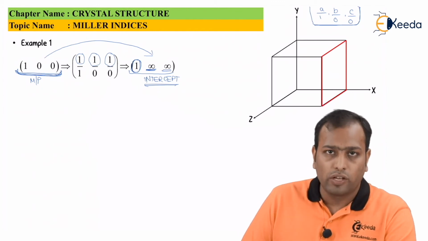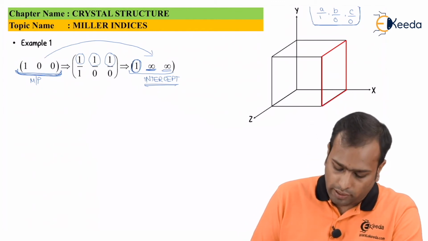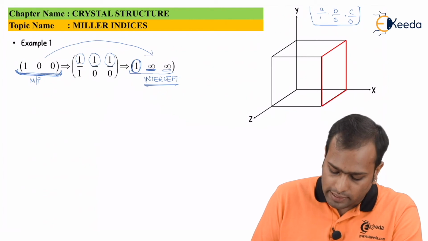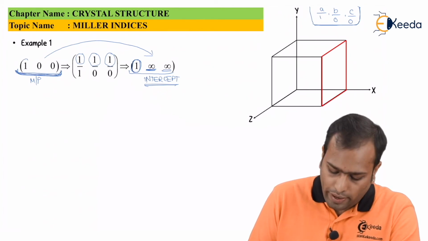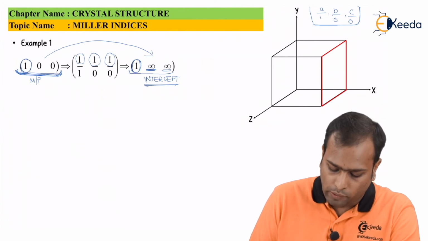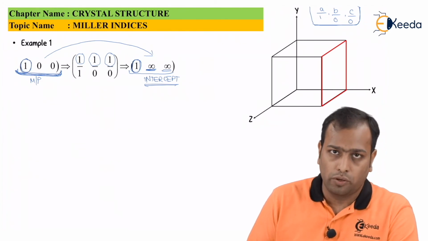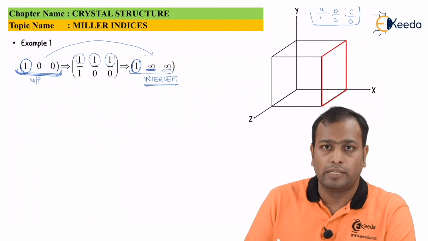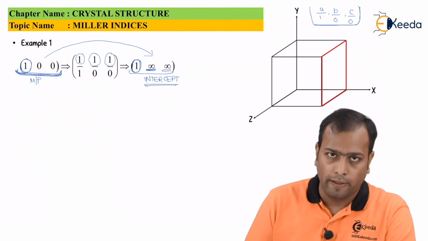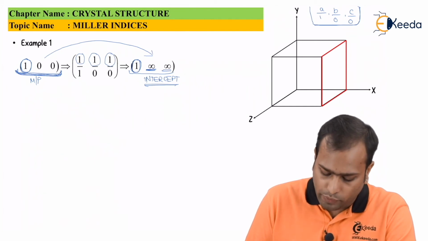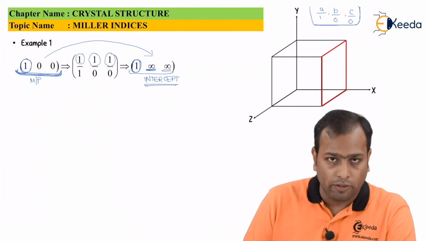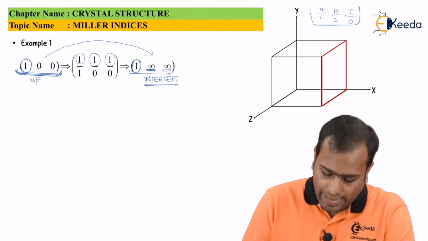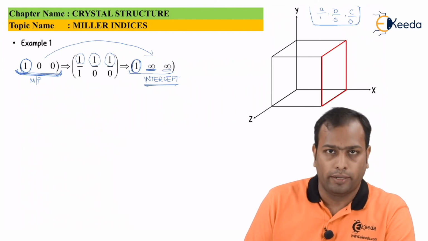Well, to give you a simple trick, this is a shortcut. As you can see, the Miller plane indices are 1, 0, 0. You just need to figure out where the value is non-zero. Wherever the value is non-zero, that would be the point at which it meets that particular axis. For example, in this you can see this is 1, so you can consider this particular plane will cut the x-axis at 1 unit.